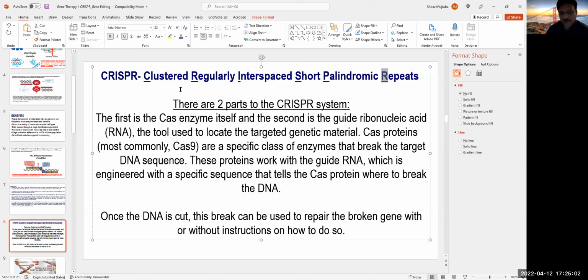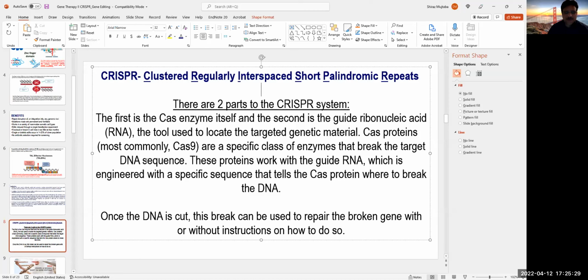But what is a palindrome? A palindrome is a sequence of DNA that is symmetrical, it can be read from both the 5' end and 3' end. For example, GAATTC: if you read from 5' to 3', and you make it double stranded, that would run from 5' to 3', and it would also read as GAATTC.